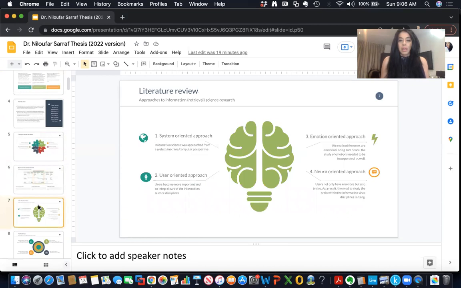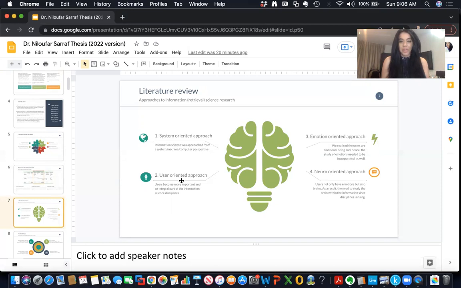When you look at anything in the literature, when it comes to the body of knowledge in information science, they all start way back with a system-oriented approach, where basically the humans are not there. They're just talking about information retrieval left and right. When you read those papers, a lot of them may be 20, 30 years old. And it's very interesting that then they start to evolve to include users in there as well.